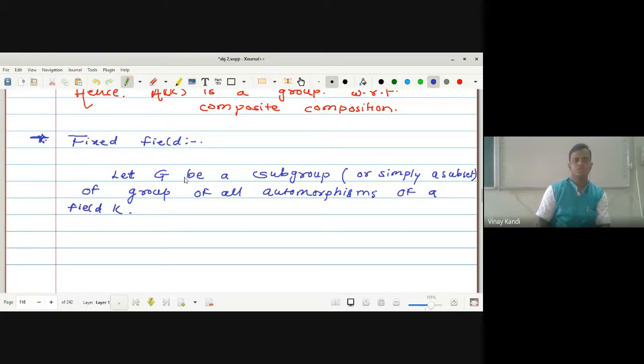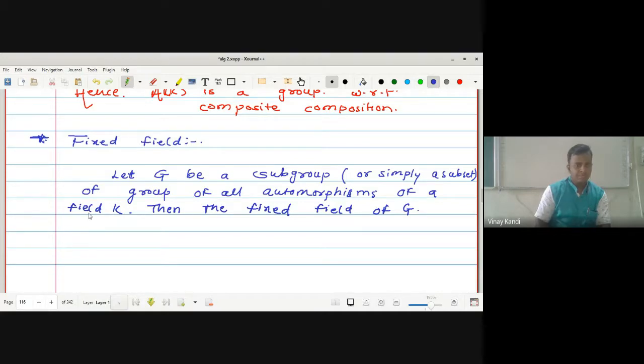G is the subgroup of the group of all automorphisms of a field K. Then the fixed field of G.